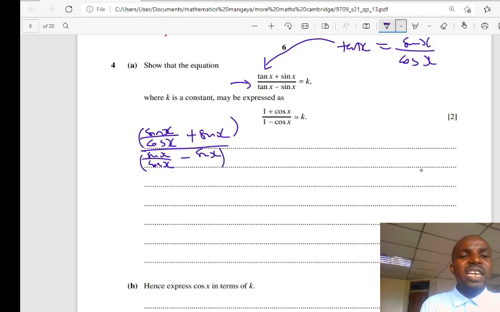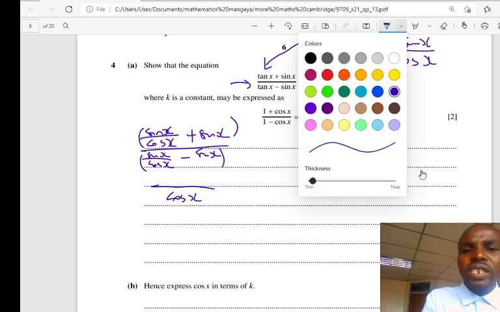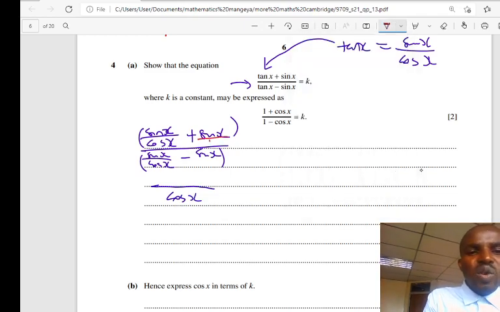On the numerator, express the numerator under one denominator, also the denominator under one denominator. So numerator, we can say over cos x here. This sin x will be over 1. This one will be over 1. So if I multiply cos x into cos x here, it will be 1 times sin x, it will be sin x on top there. Then plus 1 into cos x times sin x, it will be cos x sin x.